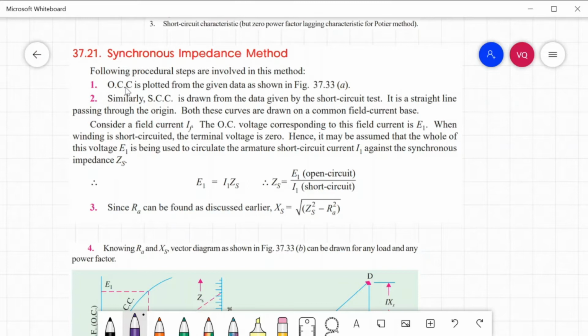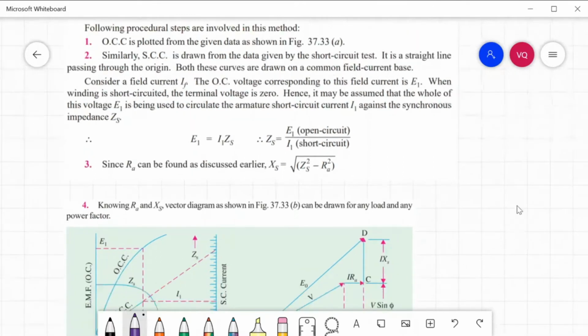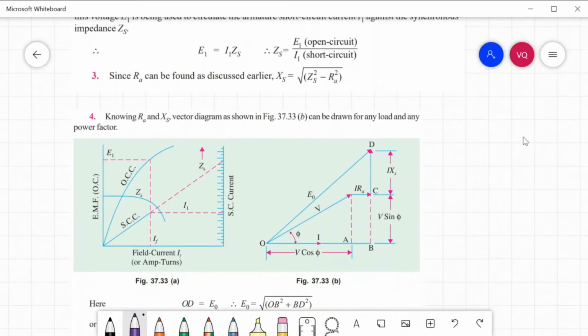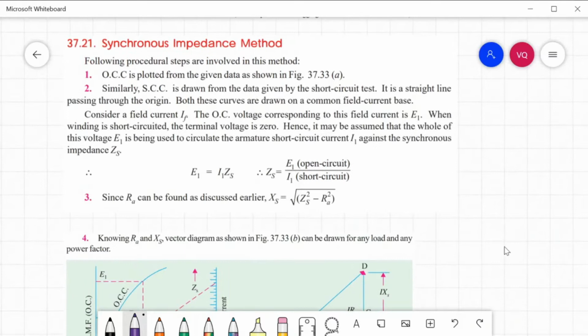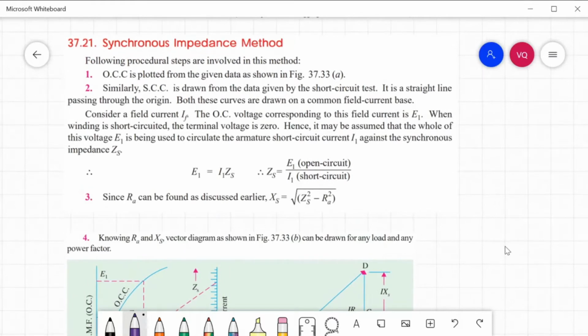First, the open circuit characteristic is plotted from the given data as shown in figure 37.33. So this one. We will plot the open circuit voltage of a given alternator. Number 2, similarly, the short circuit current is drawn from the data given by the short circuit test.